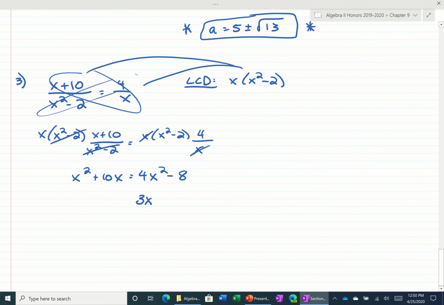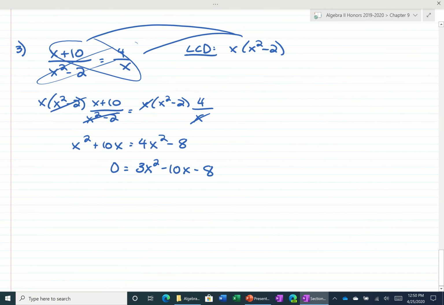So bringing everything on the same side, we'd get 3x squared minus 10x minus 8. Factors of 24 that add up to negative 10. Let me see here. So I have to multiply to be negative 24, add up to be negative 10.